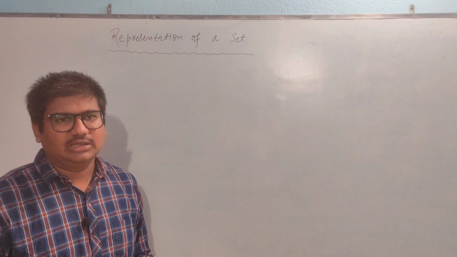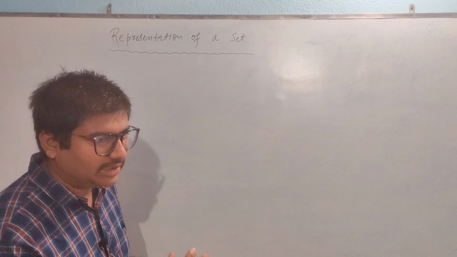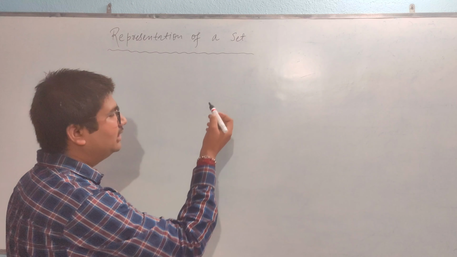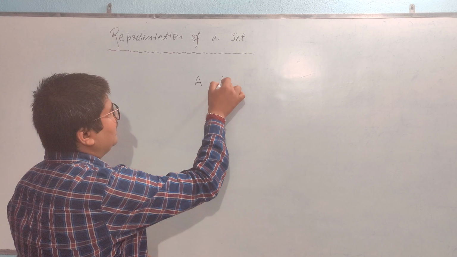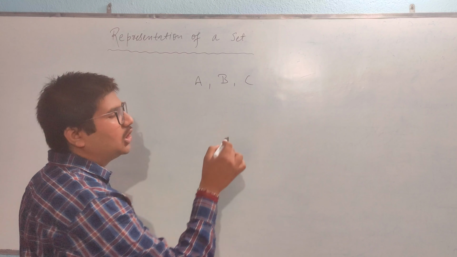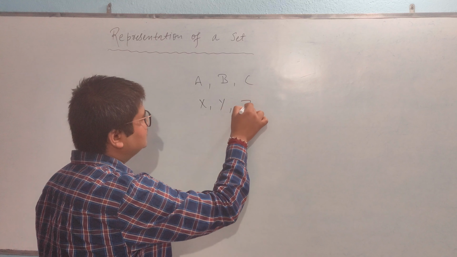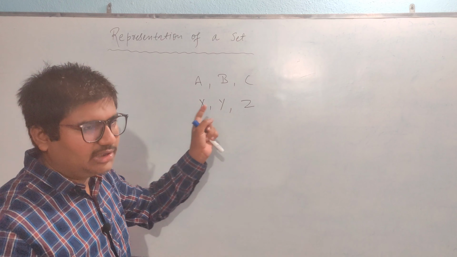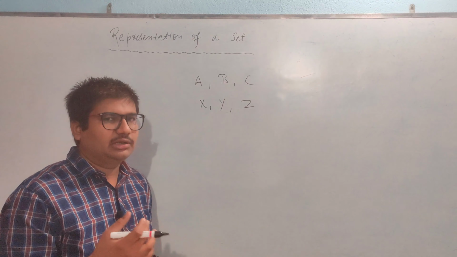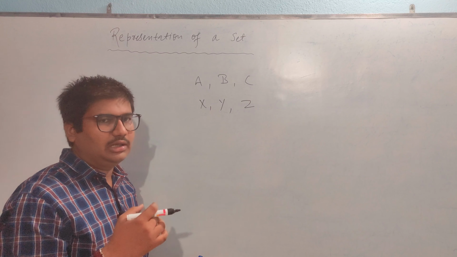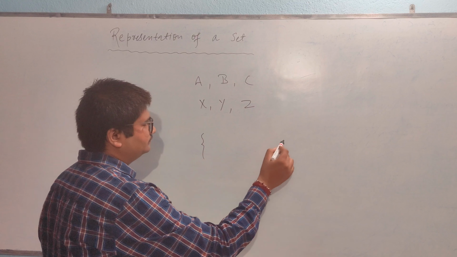In a set, we usually denote a set with capital letters of the English alphabet, like capital A, capital B, capital C, or X, Y, Z, anything from A to Z. We can represent a set by using these letters, and generally we denote the elements of a set using curly braces.